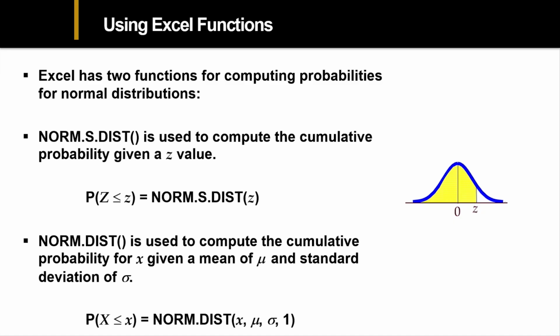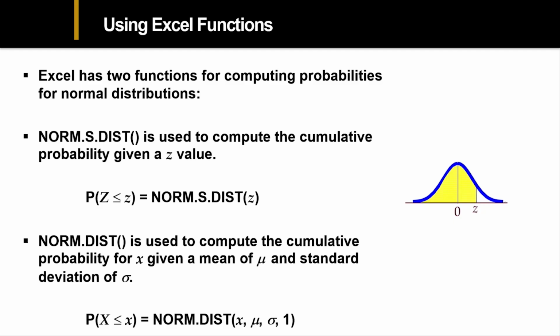For a normal distribution that we have not standardized, we use the norm.dist function in Excel. It will give us the cumulative probability for x, but then since it's a non-standard normal distribution, we have to provide those parameters. So mu for the mean and sigma for the standard deviation. It usually requires standard deviation and not variance for its different probability calculations and functions.